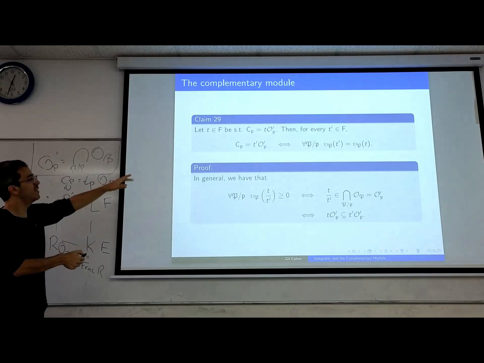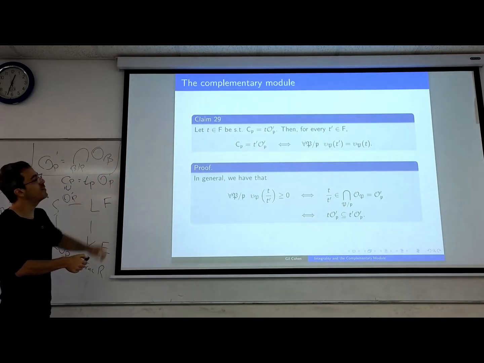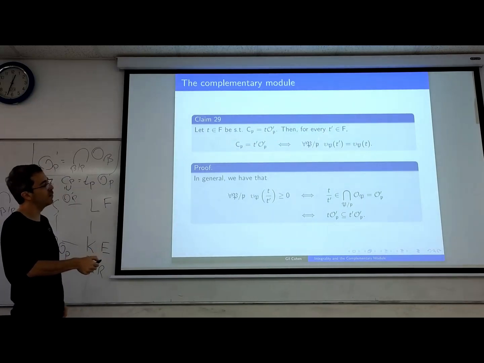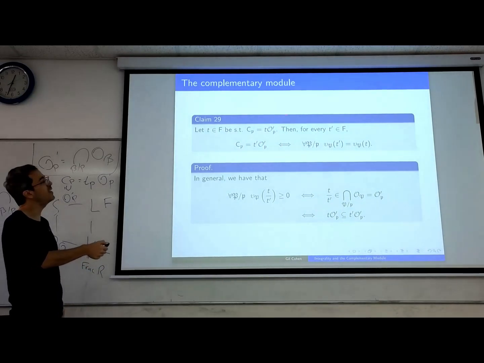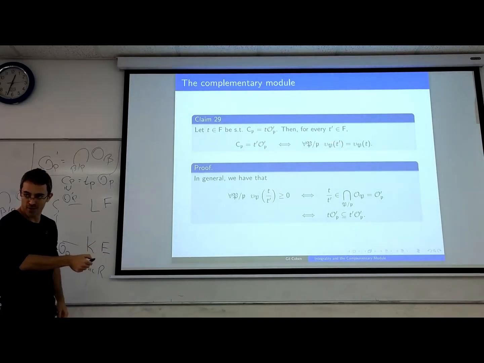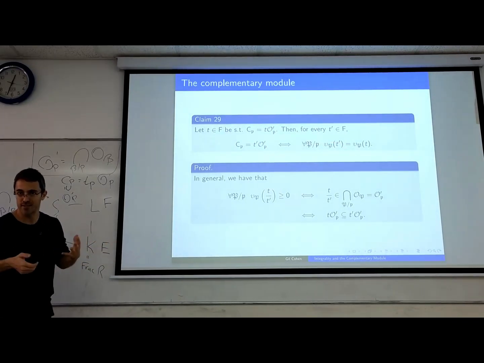So what do I mean? Let's say that T is one such generator. What I'm saying is that for every capital P above little p, the valuation of T and T prime are the same. If T satisfies that and also T prime satisfies that, then they have the same valuations at capital P's, and that's the only case in which they both satisfy that.